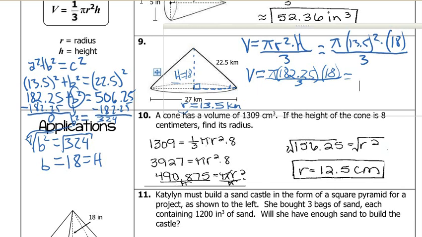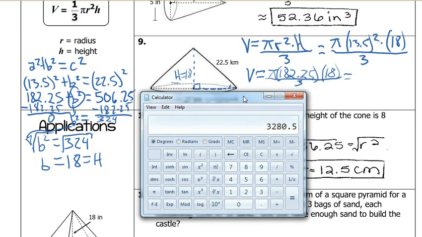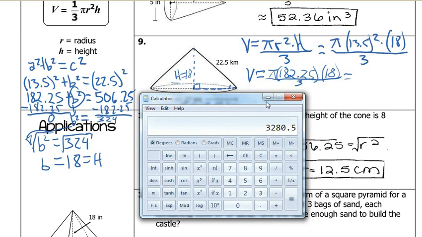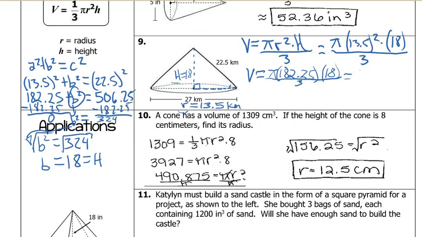So 18, let's multiply that, so times 18 equals 3280.5. So I have 3280.5, and then the pi is still up there, divided by 3. So now, almost done.